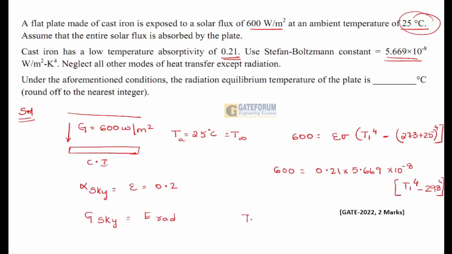From here, find the value of T1. You will get around 491.34 Kelvin. That is 218.34 degrees centigrade. This will be the right answer for the given question.